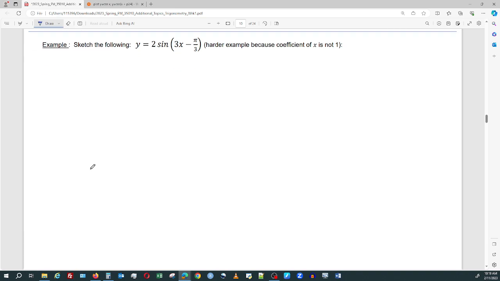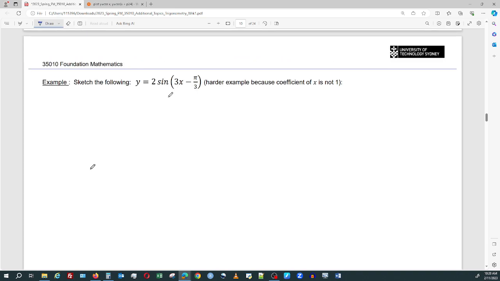Alright, I think we've got enough time to do another example, so let's do another example. And just use the same things. So we've got A, seeing a bit more shortcutting now, aren't we? B, because we're getting so good at it. Now this will be a bit tricky because the displacement or phase shift, we need to be careful here, okay, is minus C on B. So we'll need to be careful.